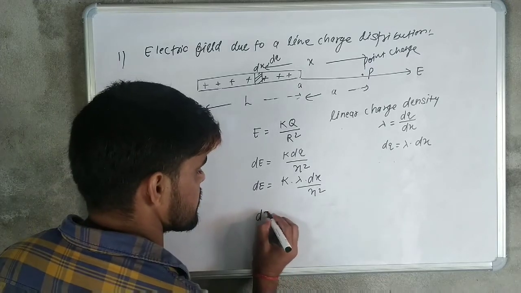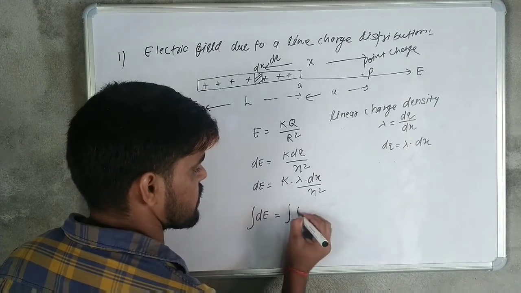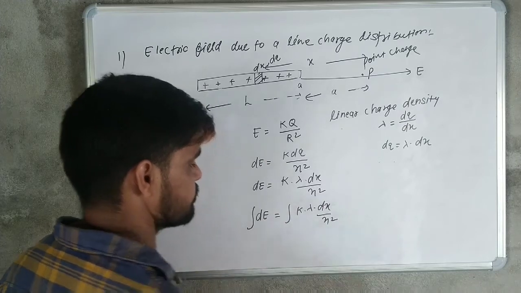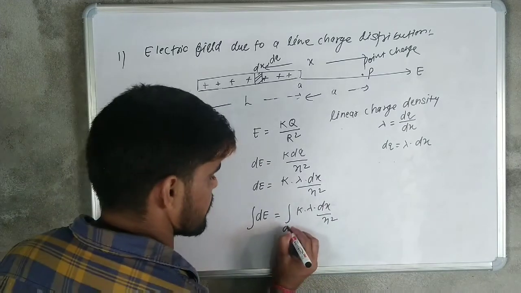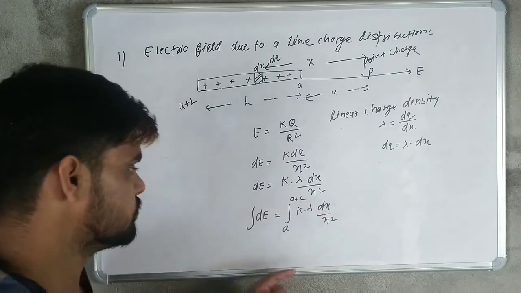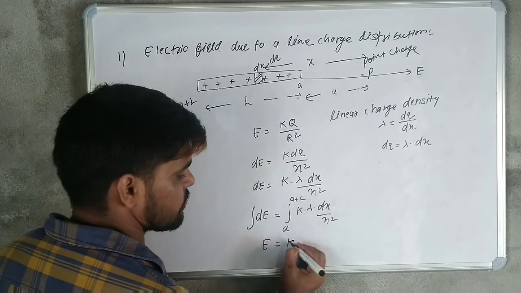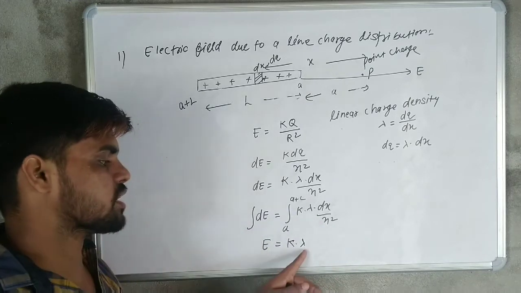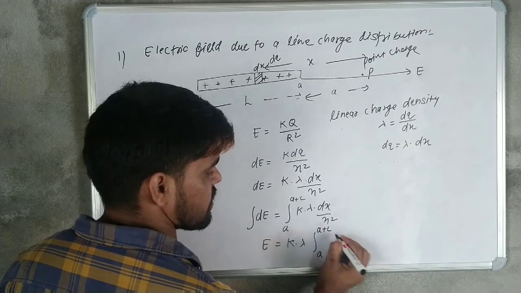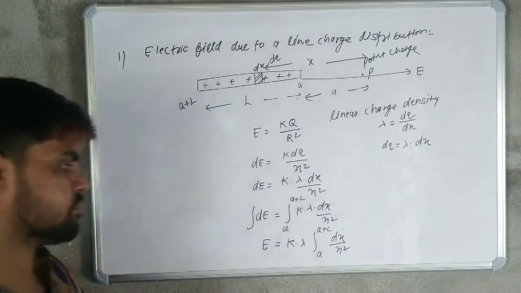So E is equal to the integration of k into lambda into dx upon x square from a to a plus l. Lambda is constant, so we can take it out.